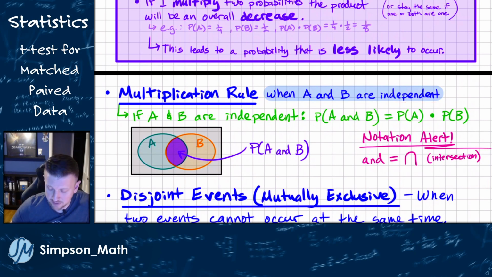So if A and B are independent, then we can just multiply them together, and this gives us our and. This is the probability of A and B happening at the same time. So just to be clear about the term and versus or. And is when I order a hamburger at a hamburger place, I often will order mustard and ketchup on my hamburger.